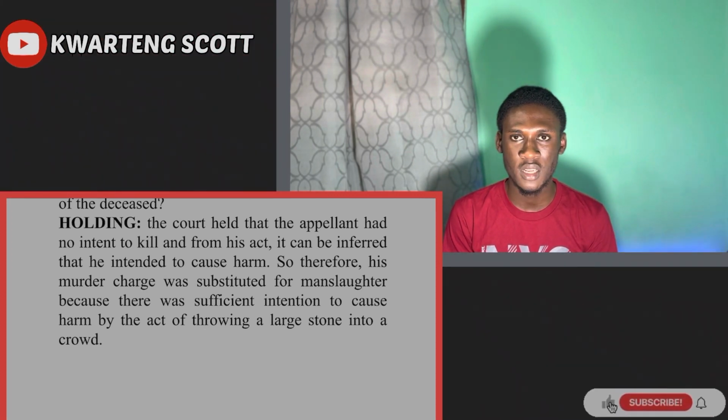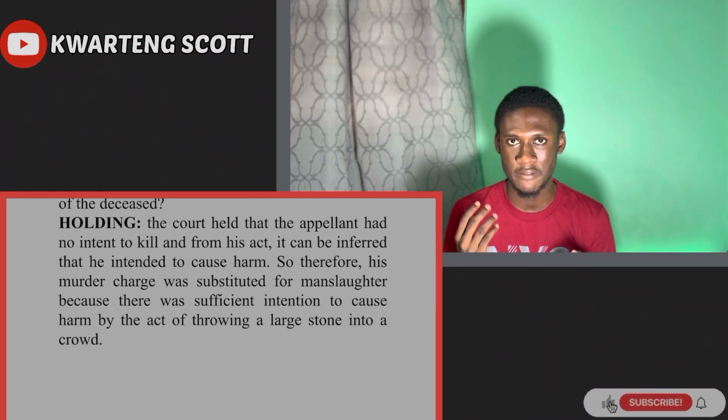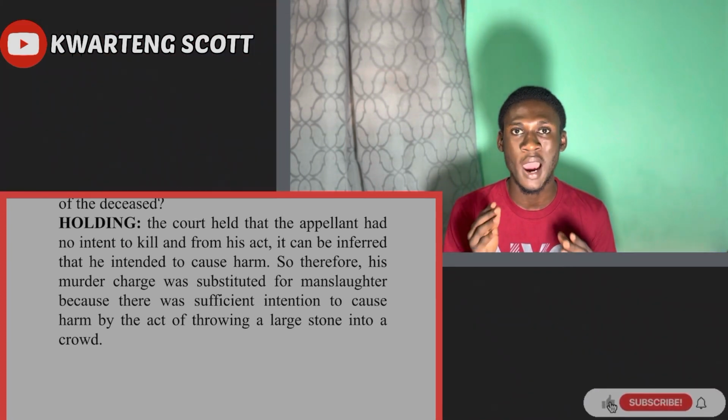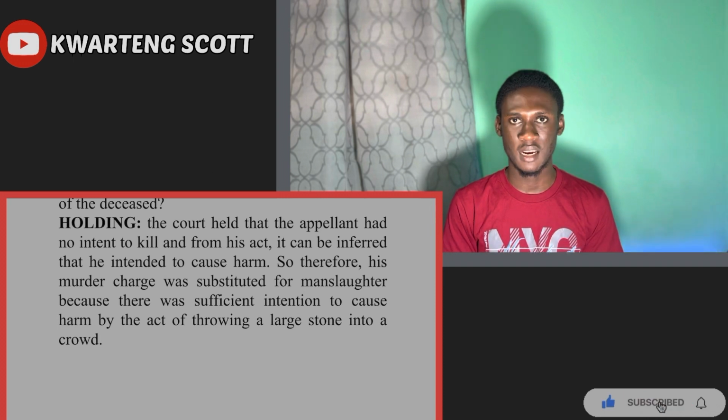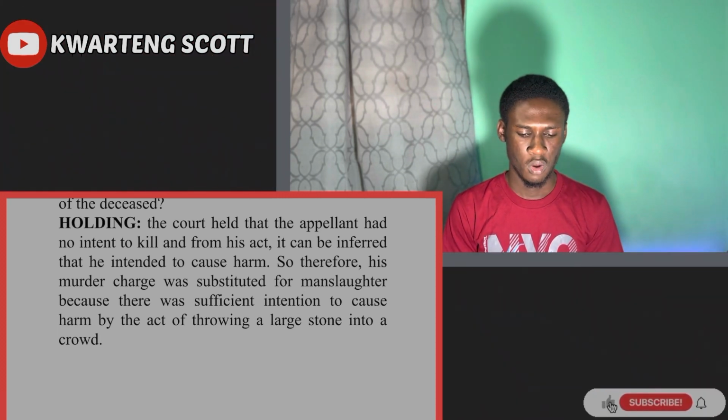So the holding of the court is about the intention I did mention here, which talks about having the intent, what you think. So you can go and refer to that video. The intention of this person was to harm someone in the crowd. So in this case, he was held liable for that.